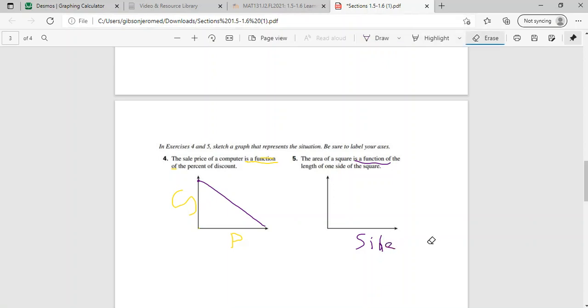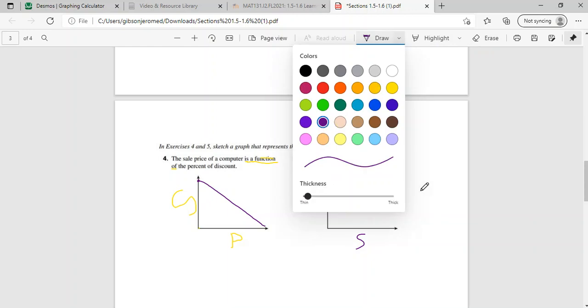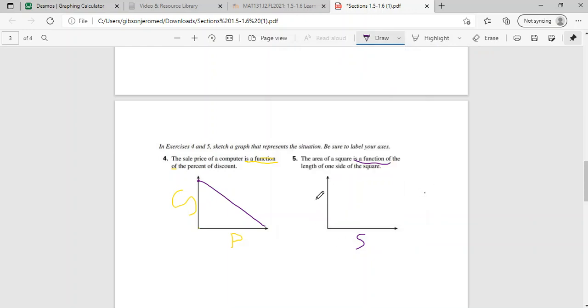Yeah, that doesn't look right. So I just leave it as an S. Okay, so that'll be the side. And then now, over here, we will have the area. So we'll put the A here. So that'll be the area of the side. So we have the side here, or basically it's the length of the side, and then also the area.